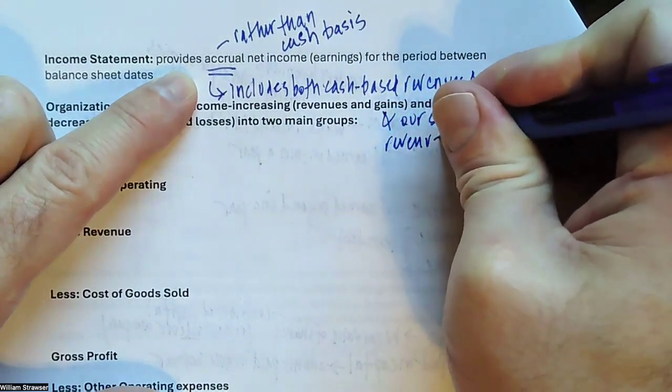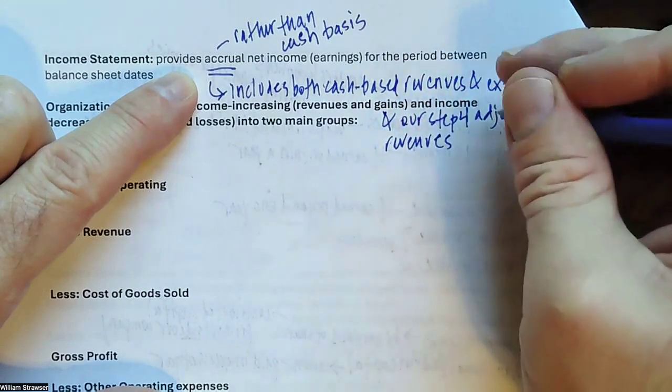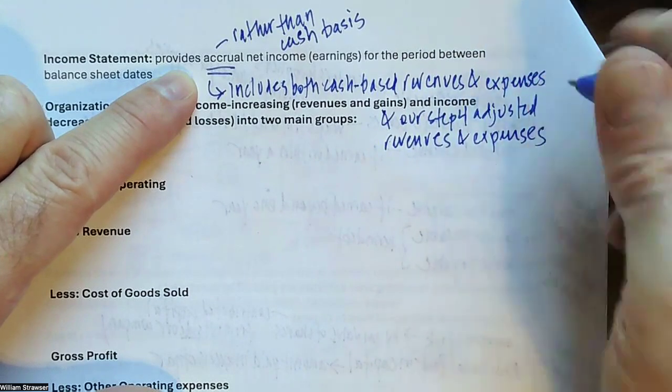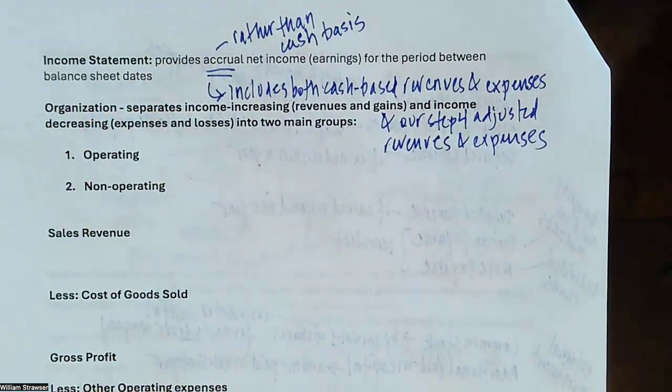I'll talk about the difference between those two items in just a second after I finish writing this out. So we have both our cash-based and our step four adjusted revenues and expenses.